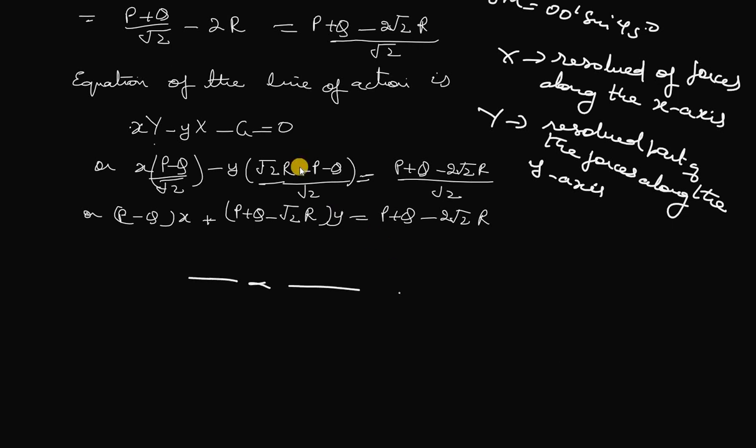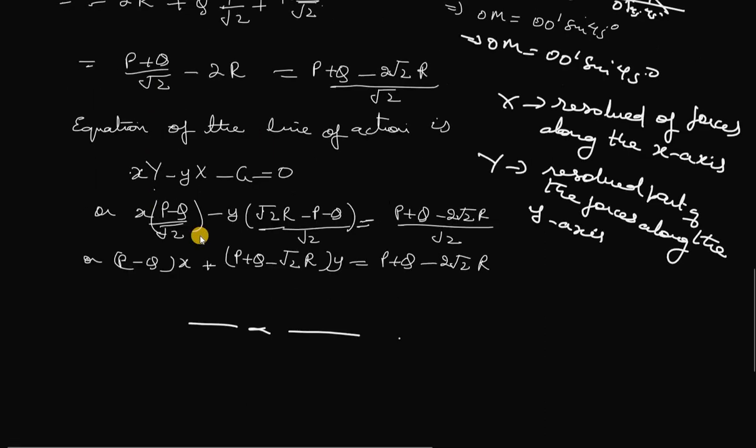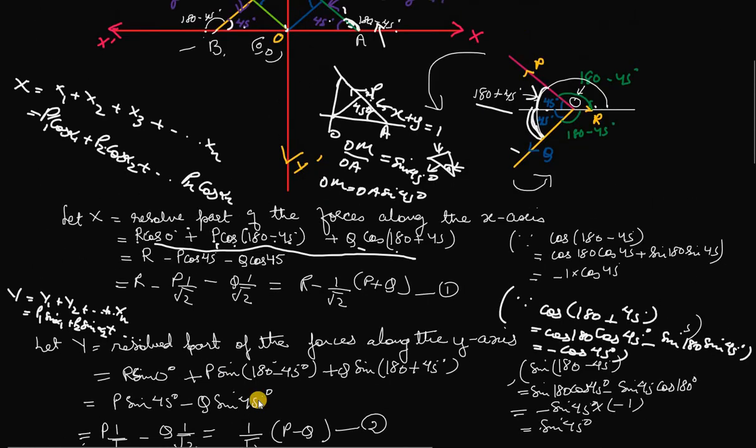I hope it is clear to you now how we get this alpha 1, alpha 2. As you can see, I have shown you in this figure, this force P makes an angle of 180 minus 45 because it is rotating in the anti-clockwise direction.